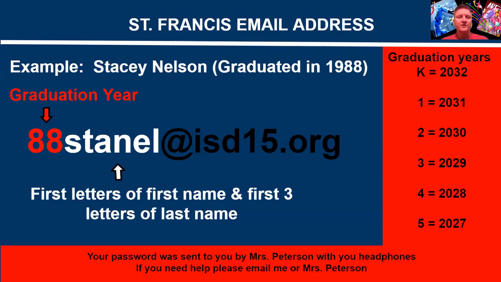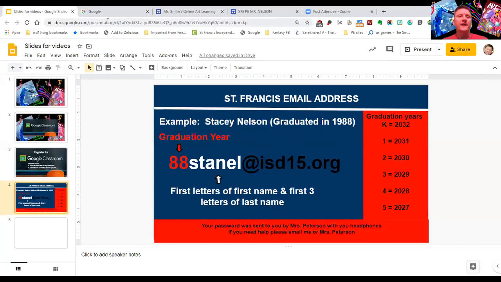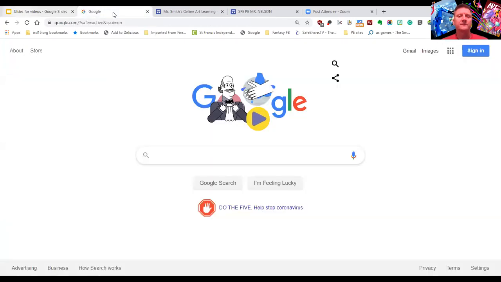Once you know your email and your password, then I want you to go out to any web browser and go to google.com. Once you're at google.com, you need to make sure it's you that's signed into Google, because it would be very easy for a parent to be signed in here.